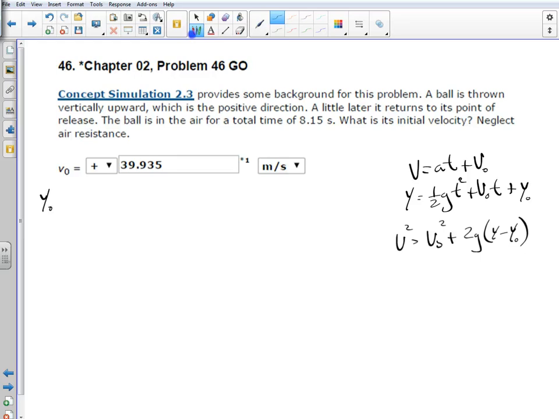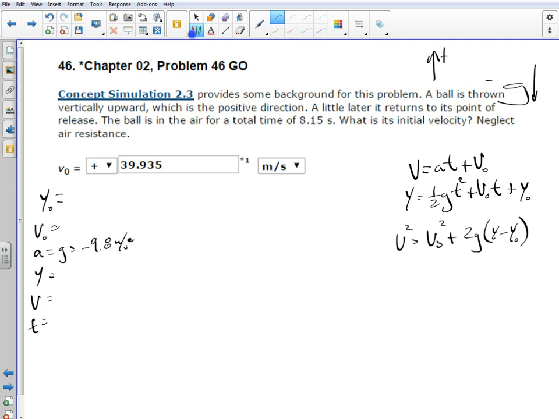My original position, my original velocity, my acceleration, which I know is g, which is negative 9.8 meters per second squared. Since we are going to assume that upward is positive, and since the acceleration due to gravity is directed downward, I've got to call it negative. And then I have final position, final velocity, and time.